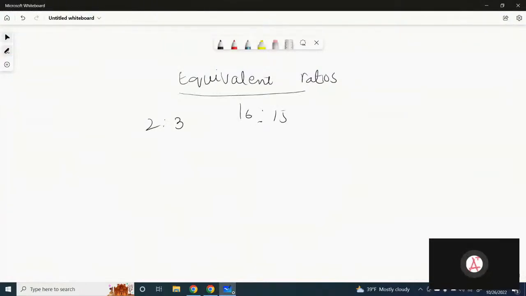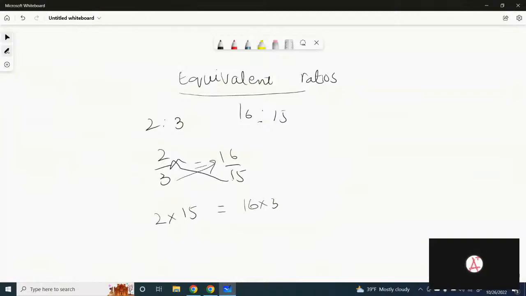You can write them as 2 by 3 and 16 by 15. Just equate them. Now you have to cross multiply. Cross multiply means you need to do this denominator times numerator and this denominator times numerator. So it would be 2 times 15, then 16 times 3.